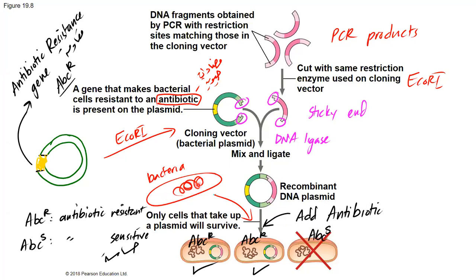It's S. So it is already sensitive before we use it for transformation. When we add the plasmid, it will become resistant. Okay?